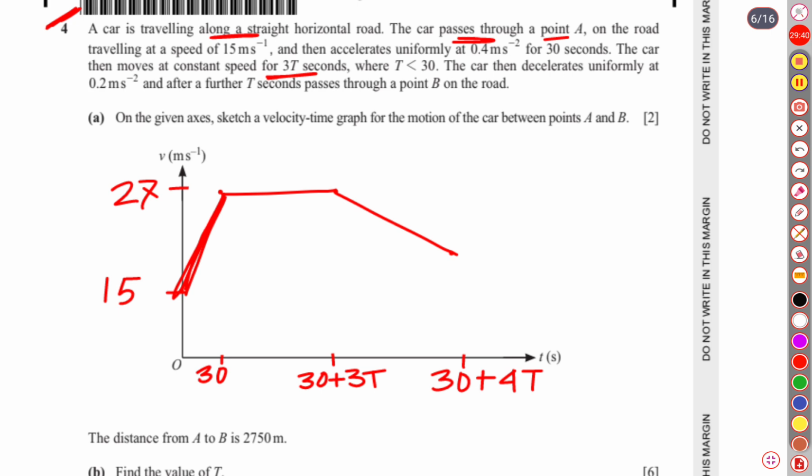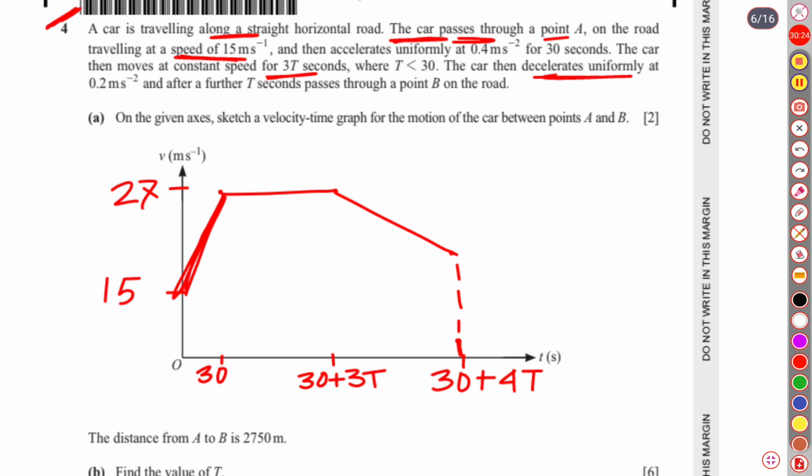As the first phase was uniform acceleration, the second was uniform speed, and the last is uniform deceleration, all three parts will be straight lines. As we don't know when it has come back to rest, it will be a dotted line, not a solid line. You can even avoid this dotted line, it is not even necessary.